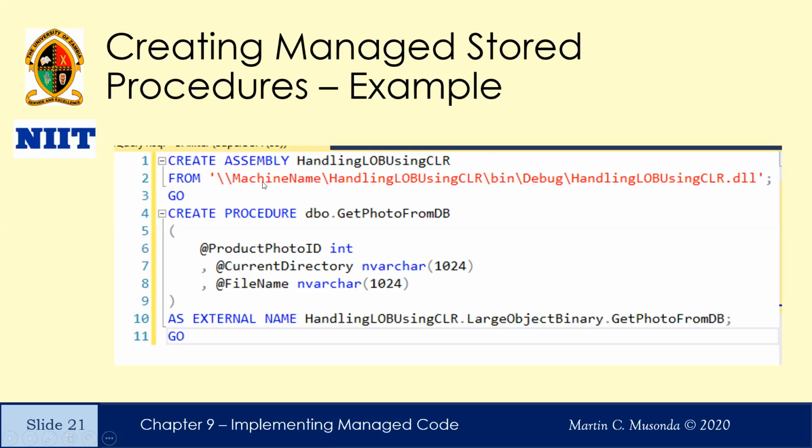Now we are creating a procedure based on this, and we're going to give it the schema dbo dot get photo from db. Then we declare some variables as external name, and this is the name that we are assigning it.